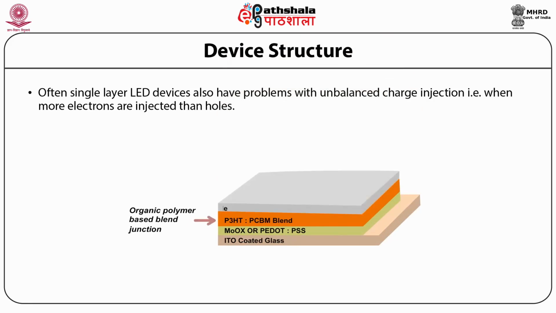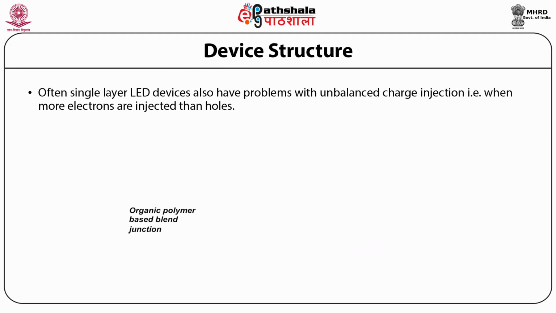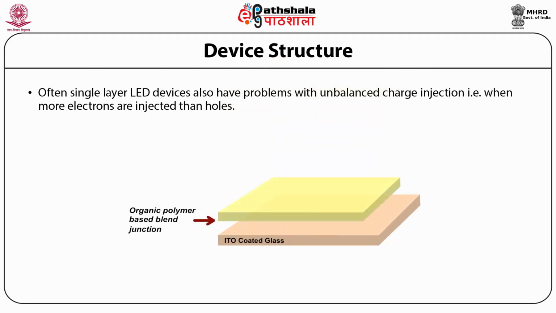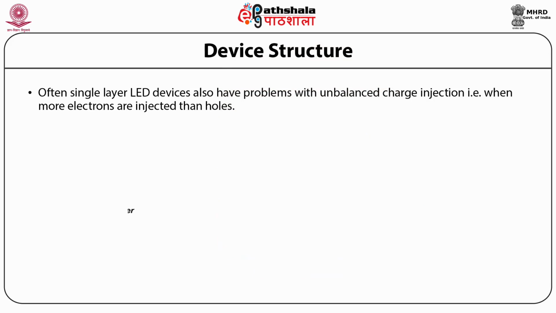Since the exciton diffusion lengths are shorter in organic materials, of the order of 10 nanometers or so for a typical material, we ideally require the exciton dissociation sites to be located close to their formation site.